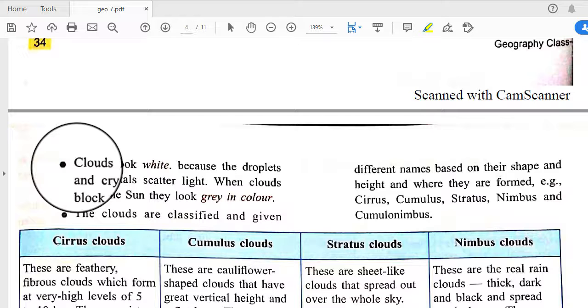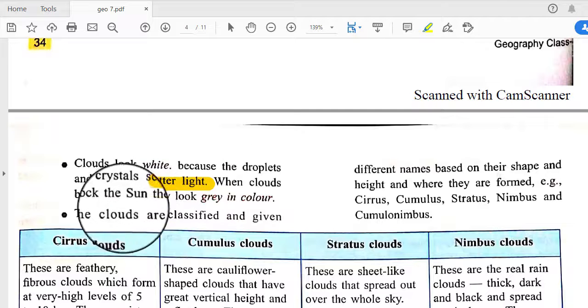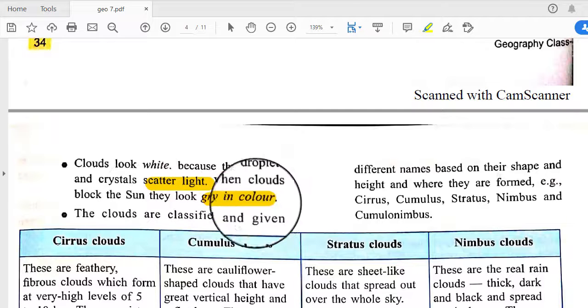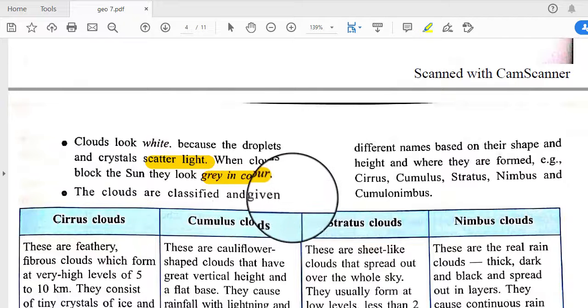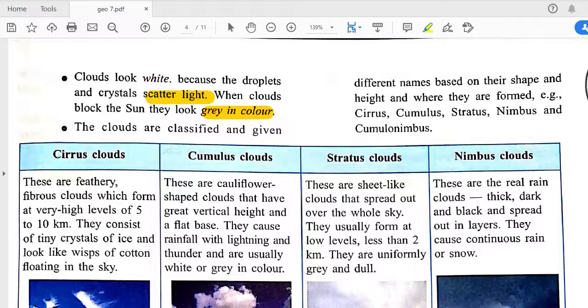Clouds look white because the droplets and crystals scatter light, and when clouds block the sun, they look gray in color. The clouds are classified as given. The clouds may be classified into cirrus cloud, cumulus cloud, stratus cloud, and nimbus cloud.